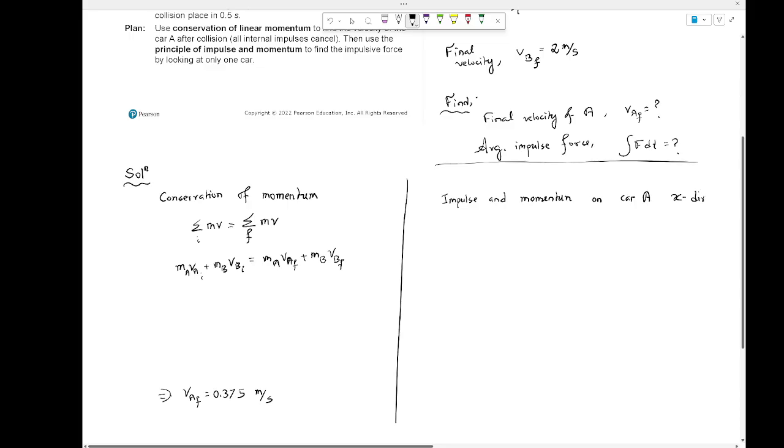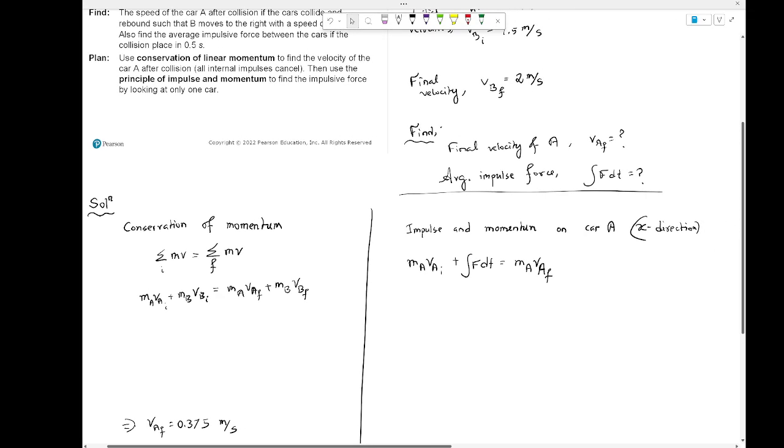You know X direction, it does have one direction movement, okay? What is that? It is m_A v_AI plus the integral of F dt equals m_A v_AF. All right, so that one is so important.